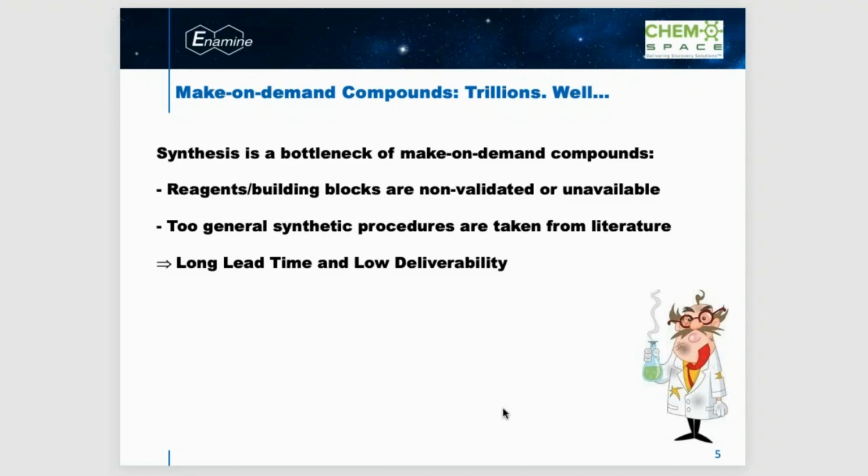So additional research is necessary to come up with the right synthetic approach to couple them, as well as the procedures that are typically taken from the literature. They may not be applicable to those reagents and building blocks. All this causes a long lead time to deliver the compounds and really low deliverability.